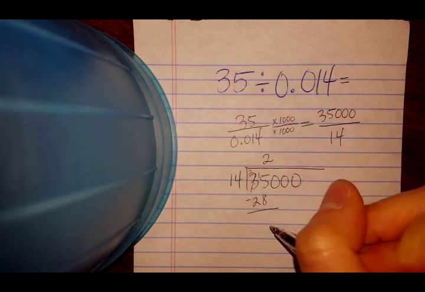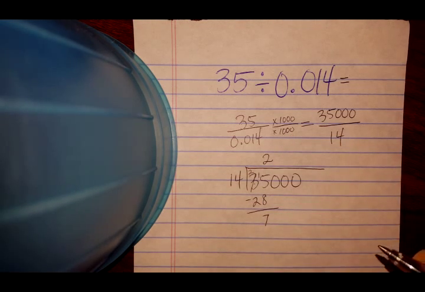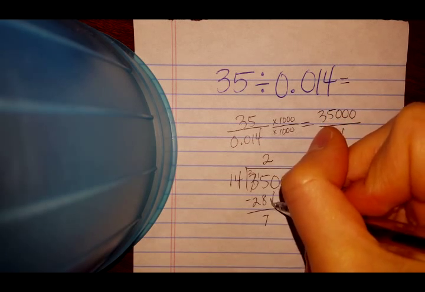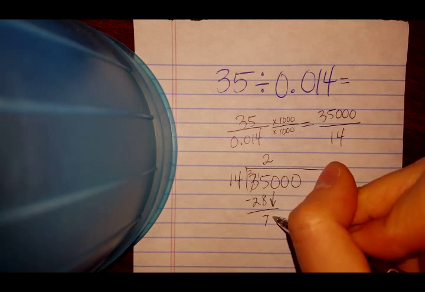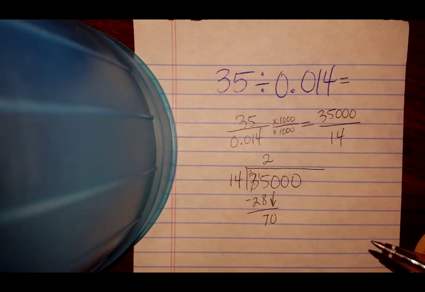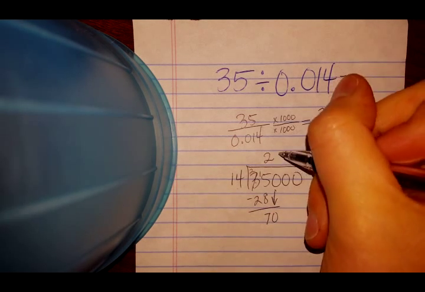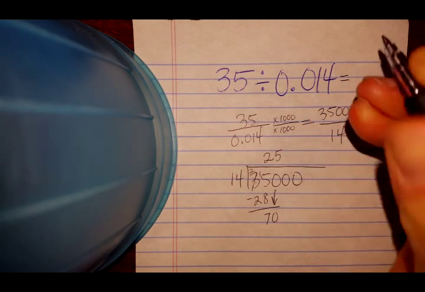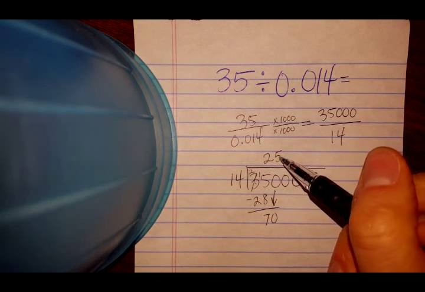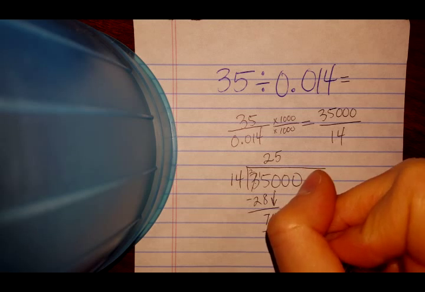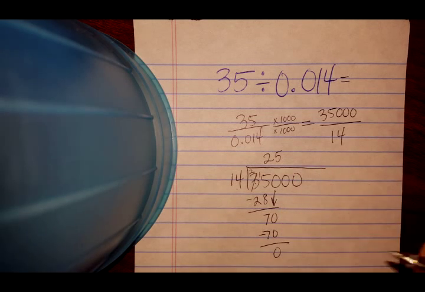And if I subtract, I get a remainder of 7. I have a 0 to bring down still. So I have 70. 14 goes into 70 5 times, actually evenly. 5 times 14 is 70 exactly. So I have a remainder of 0 here.